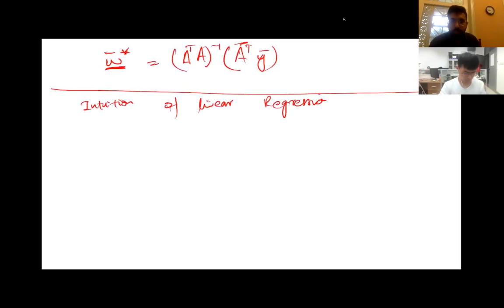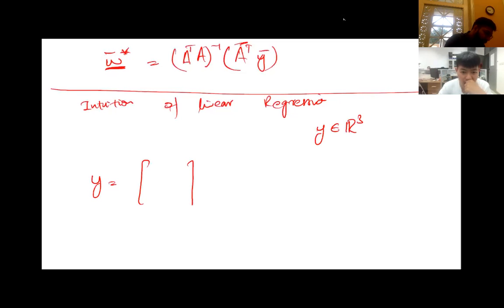Okay. So let's say I have a point y in R3. So I have a point in a three-dimensional space. It can be any point. And I want to write this y in terms of some vectors in 3D.